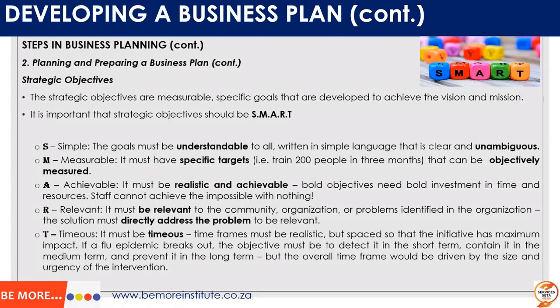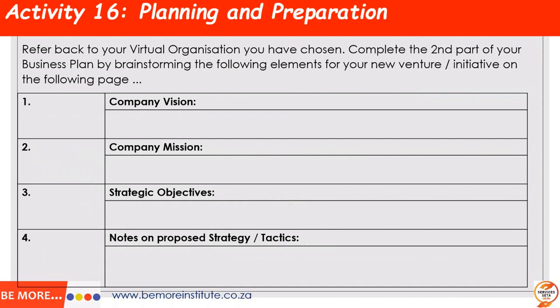They are achievable and realistic. They must be relevant to the organization. They need to directly address the problems for it to be relevant, going back to the needs analysis that we started the marketing with. And they must be time-bound, so the time frames must be realistic.